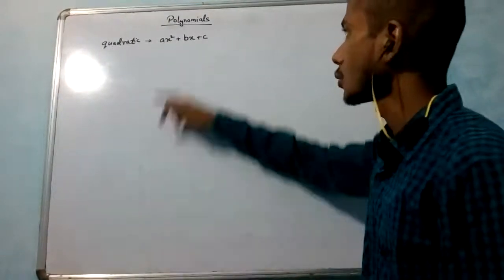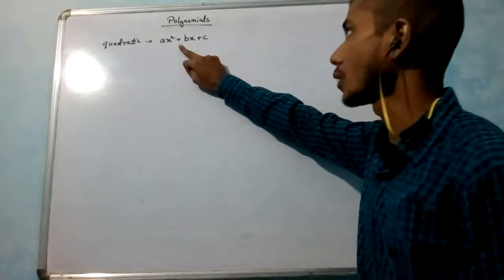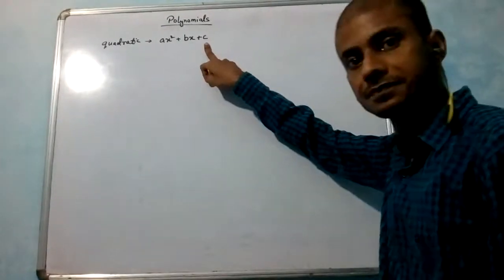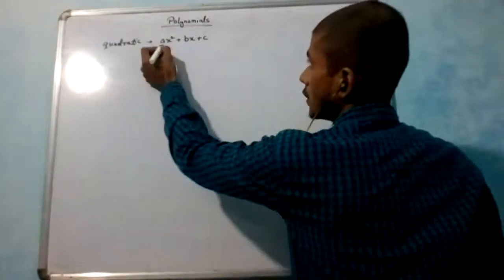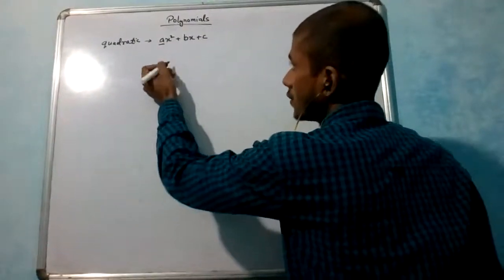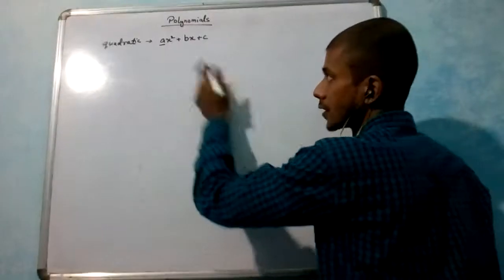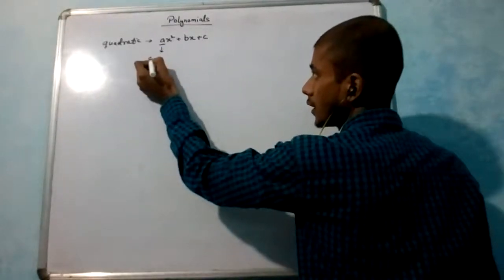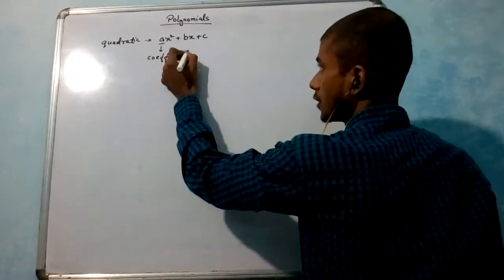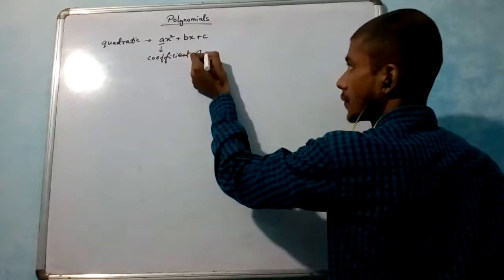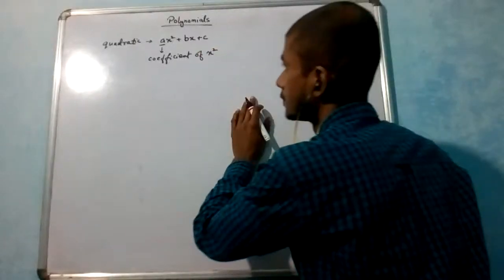Okay. So this is the quadratic polynomial, ax square plus bx plus c, standard form, isn't it? So in this, what is a? This is called the coefficient of x square.